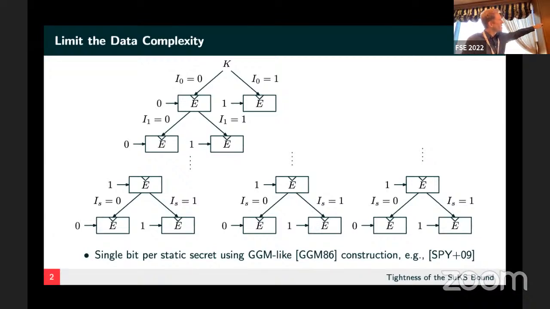If it's a 0, you evaluate the block cipher or primitive on input of the key and the encoding of a 0, otherwise you process it with the encoding of 1. You go on like this bit by bit until at the end you end up with an output, a state, which you can then use to work with further. And this will always be different, or independent at least, because you always have a different path in this tree, depending on the IV.